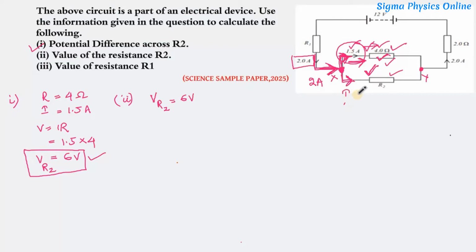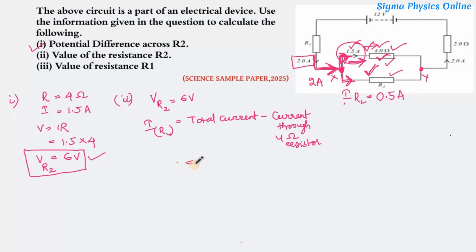That is, the current through the resistor R2 is the total current minus the current through the 4 ohm resistor.